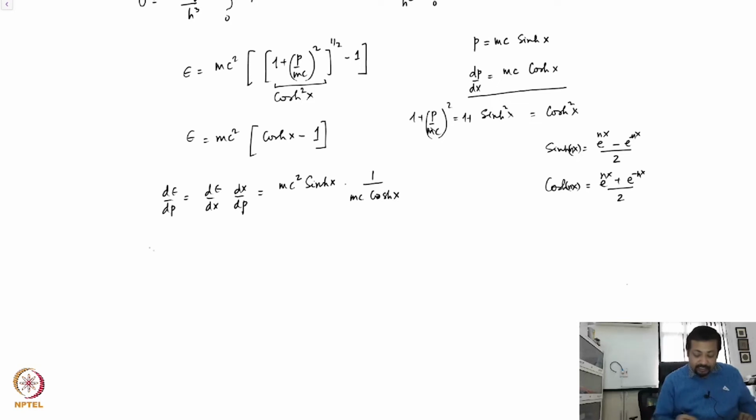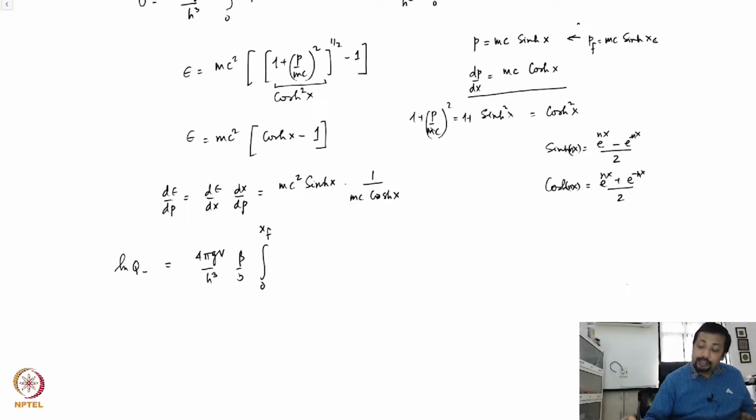So with this in our hand, let's first write down ln of q minus, which is 4 pi gv over h cube beta over 3, integral 0 to xf, where xf is defined from this relation. So we will have Pf is going to be mc sinh xf, which implies xf is going to be sinh inverse of Pf over mc.